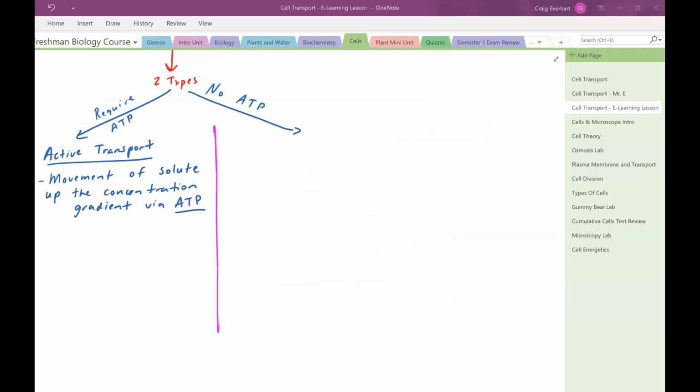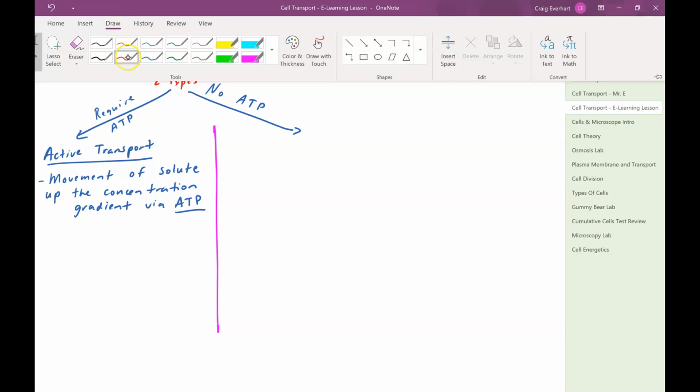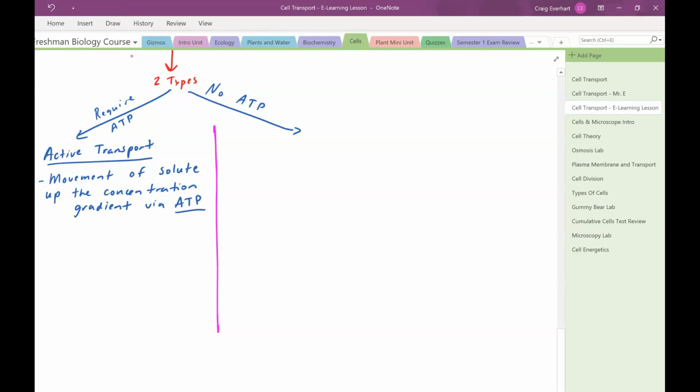Right, so on the one side, we've got our active transport, which is what's going to require ATP. And then on the other side, we have just regular diffusion, which is going to require no ATP whatsoever. We're going from an area of high concentration to low concentration, and overall we're going to call this passive transport because it does not require ATP.